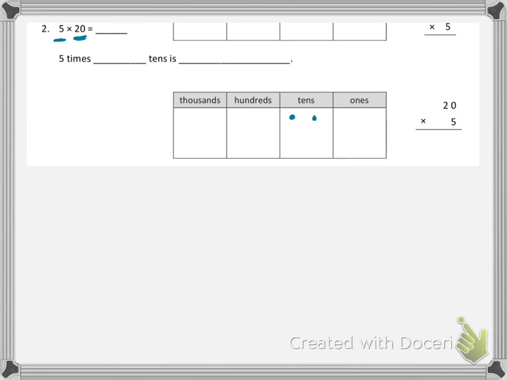So that's 1, 2, 3, 4, 5. So we basically have 10 of these discs that we can cash in for 100.